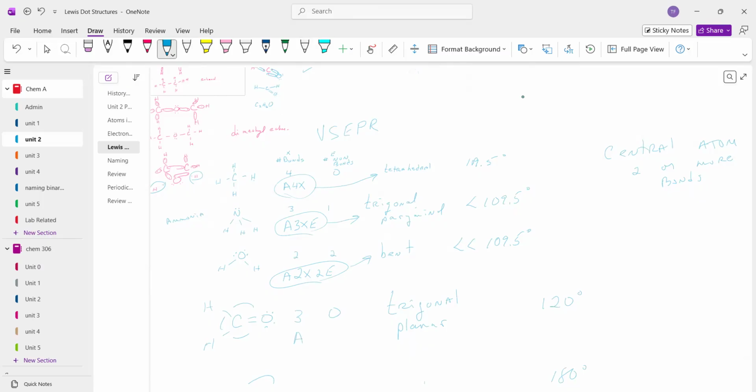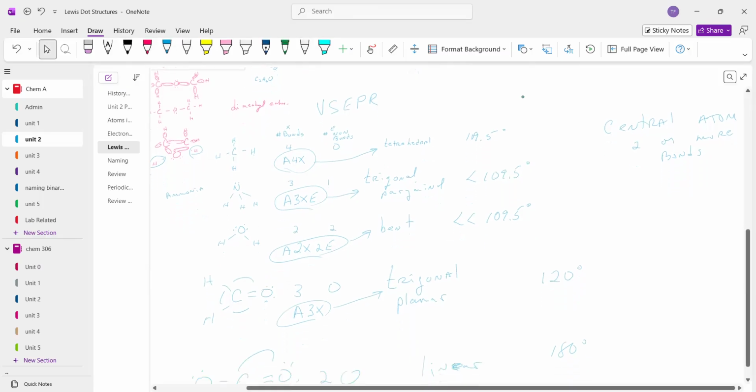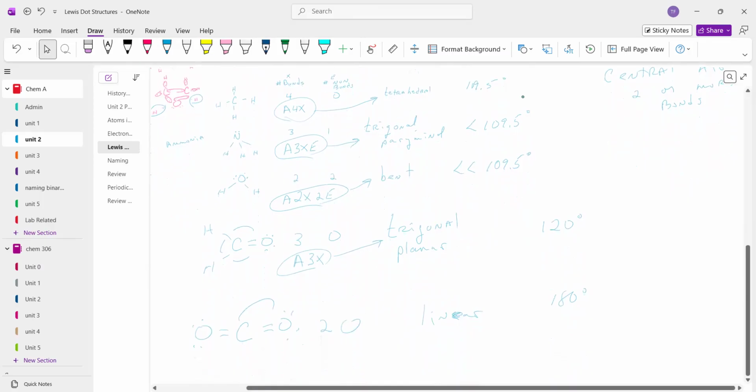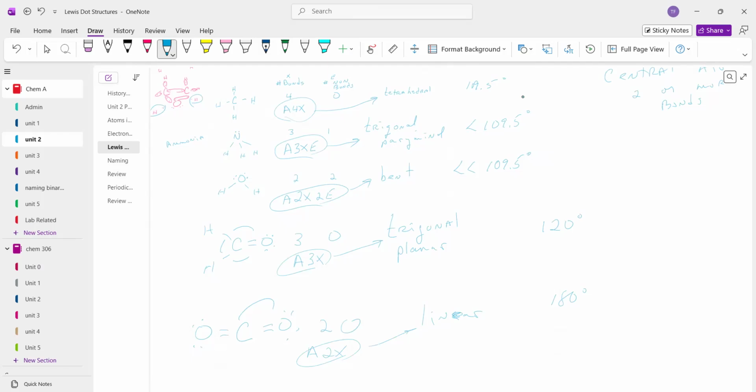So we have central atom, 3 X, no E's: trigonal planar. And then lastly, we have 2 X: linear.